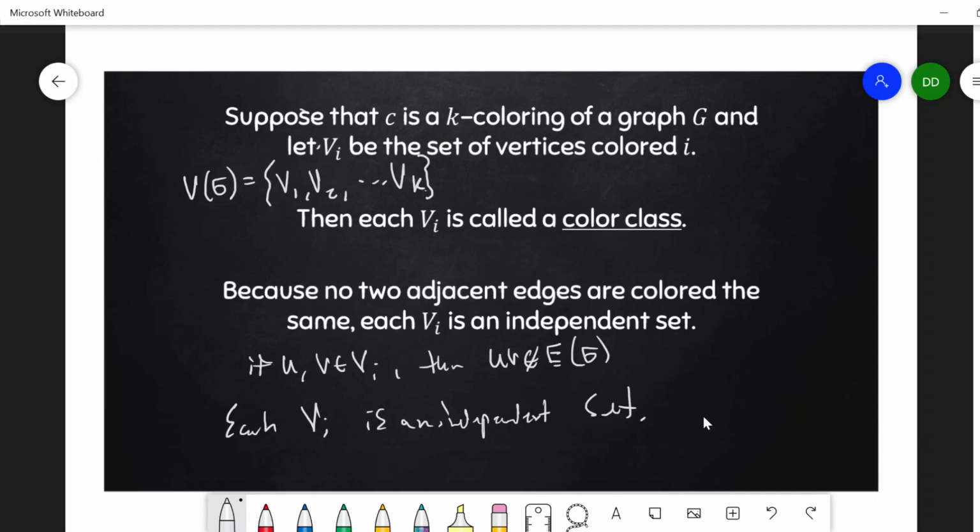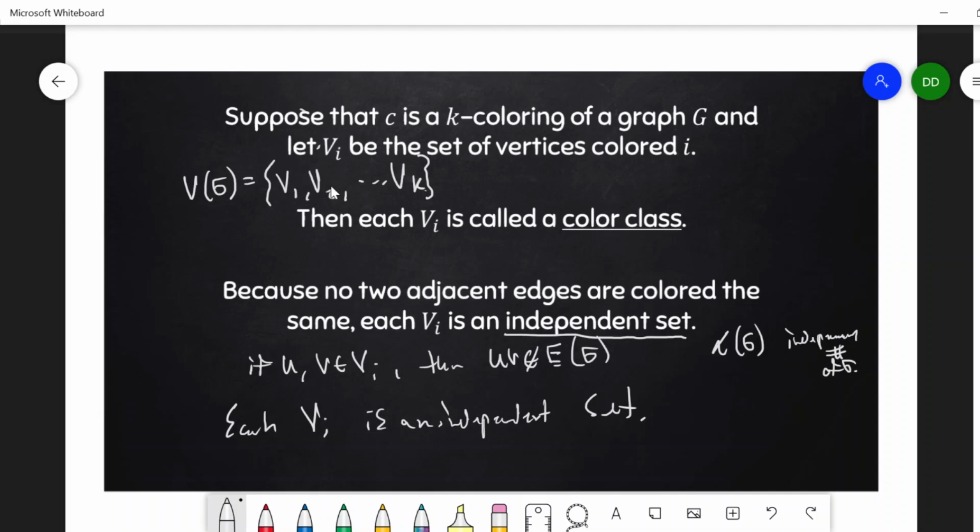And so at least here we see some connection to a topic we've run into before, which is vertex independence. In that problem, the idea was to find a largest set of vertices that was independent. So that would translate here to the maximum cardinality of each color class, right? Remember, alpha of G is the independence number of G, the most vertices in an independent set.